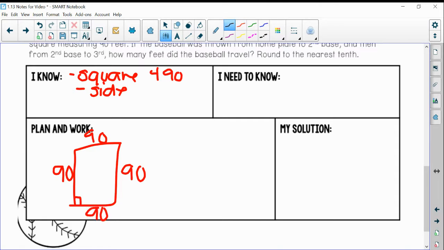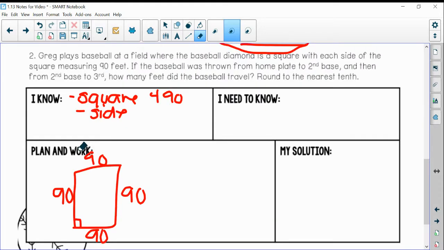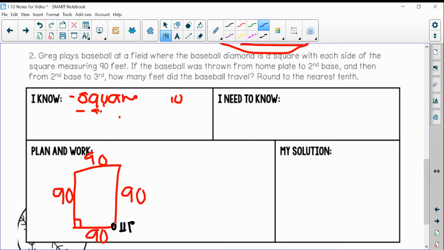And I had to think about it because baseball didn't come straight to me. It told us that he threw the ball from home to second and then second to third. So I literally said, okay, home plate is here, first base is here, second base is here, and third base is here.